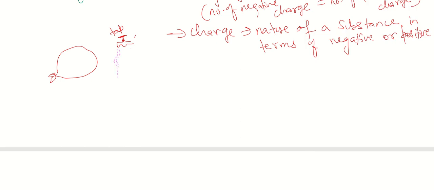The question was, why does the flowing water bend? So if this is, for example, positively charged, then it will pull all the negative charges from the water to this side, and due to this attraction, the water bends, right?